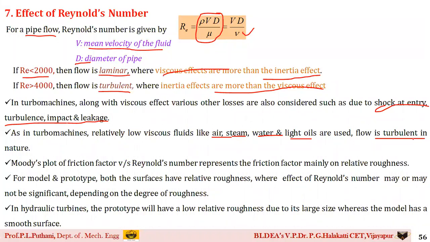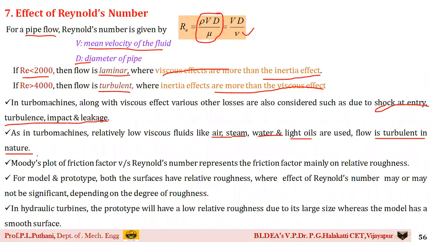So when this occurs, we can say that there is a friction factor which is dependent mainly upon the relative roughness, and this relative roughness becomes more constant especially for the turbulent case of flow, when the flow is turbulent in nature.